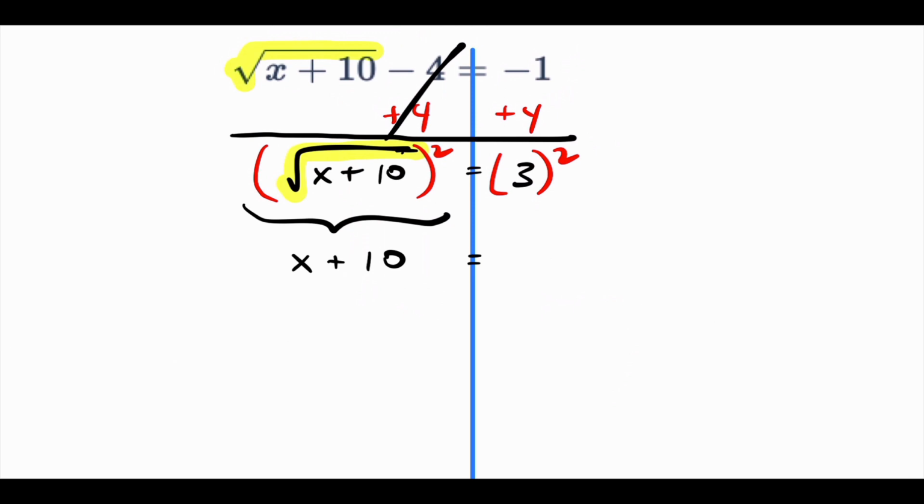Square 3, what do I get? 9. Simplify and solve. Get x by itself. Subtract 10 from both sides. I get -1 as my answer.